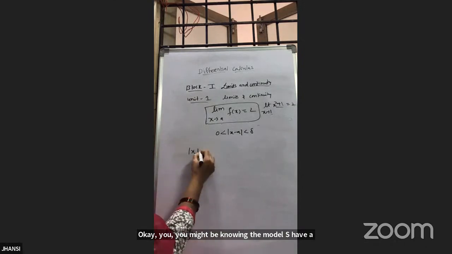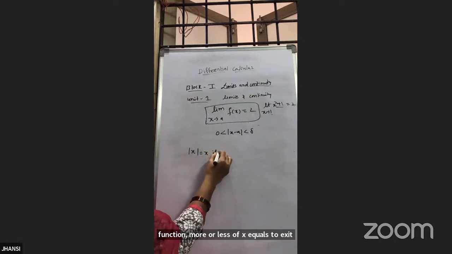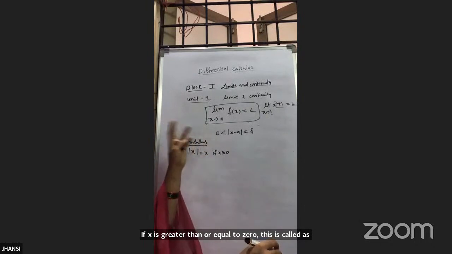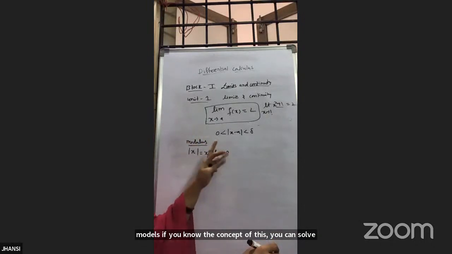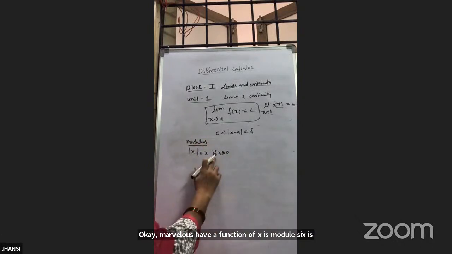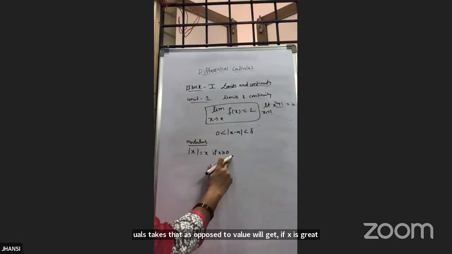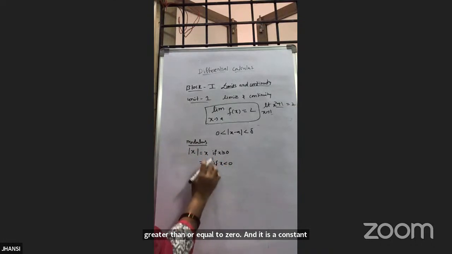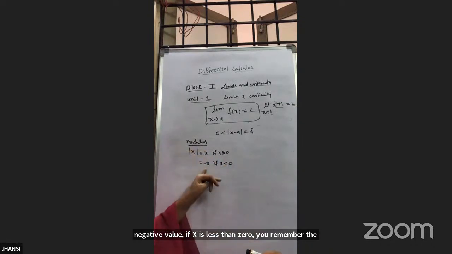Modulus of x is equal to x if x is greater than or equal to 0. This is called modulus. If you know this concept, you can solve the problems in continuity, limits and even differentiability. Modulus of x is equal to x, a positive value, if x is greater than or equal to 0, and it is equal to negative x if x is less than 0. You remember these two, so you can easily solve any problem.